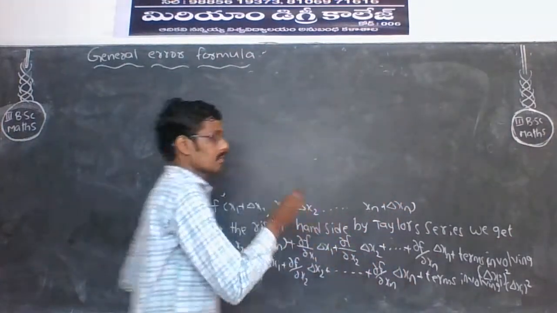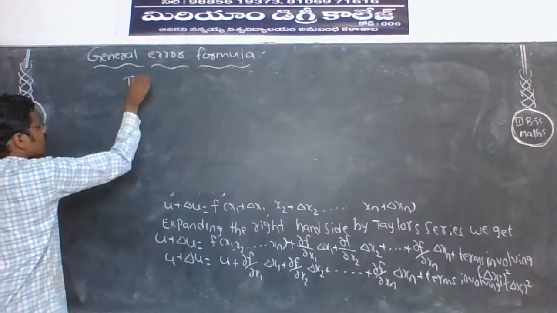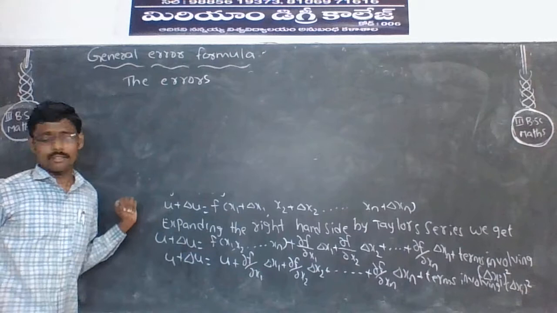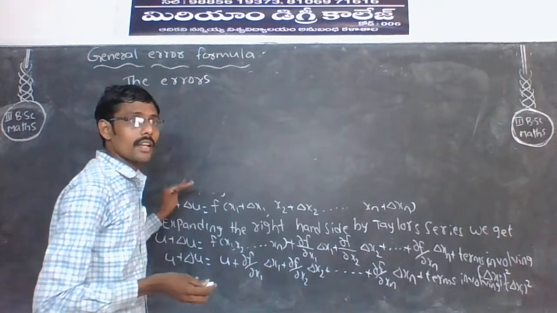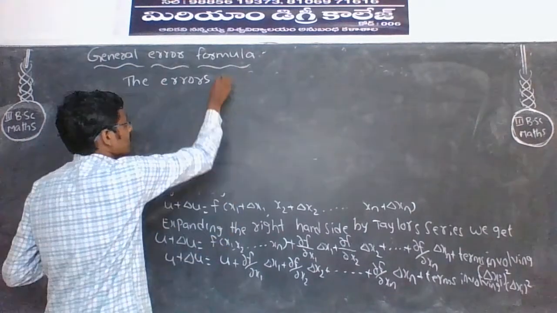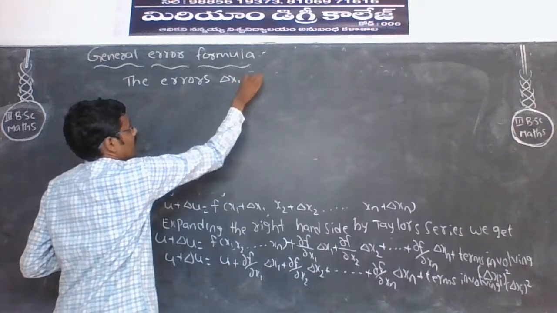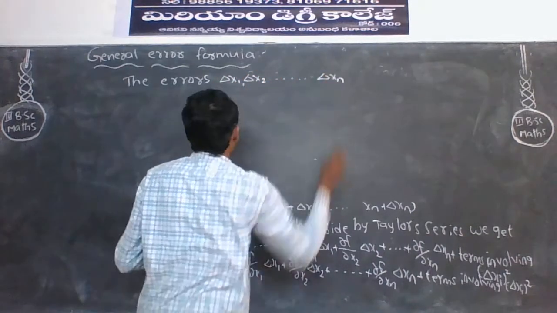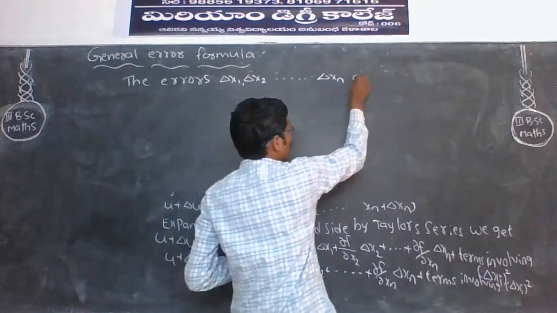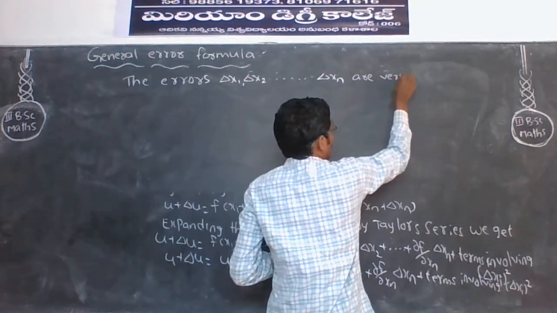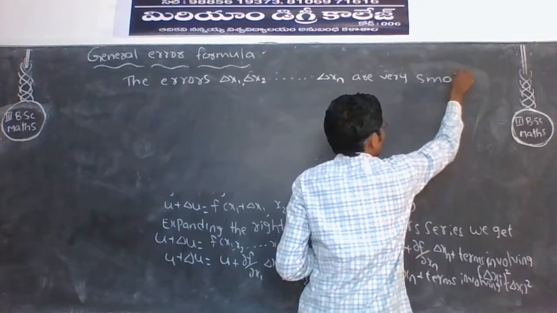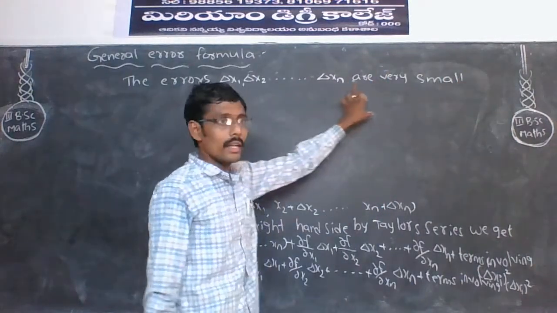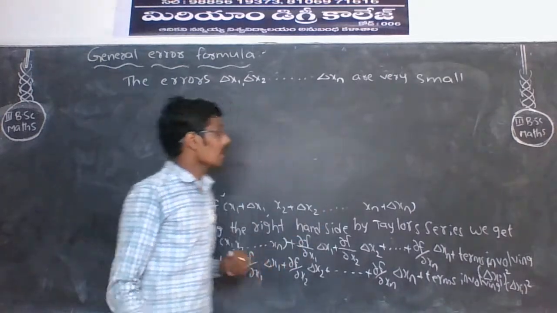The errors delta x1, delta x2 and so on, delta xn are very small.